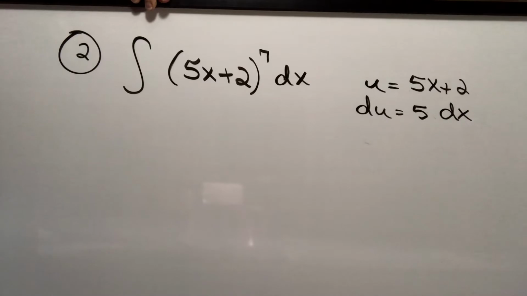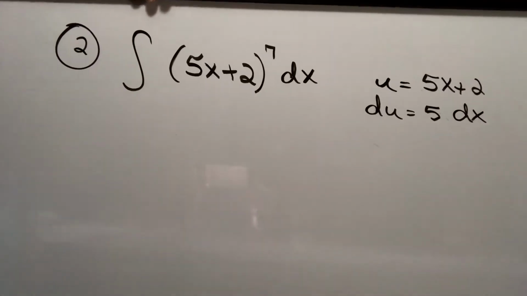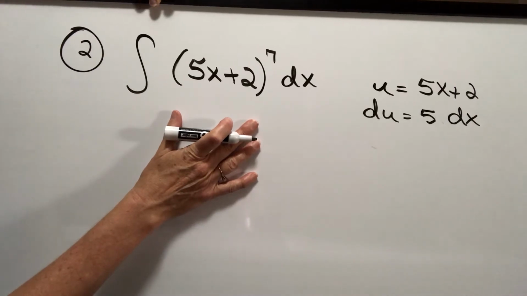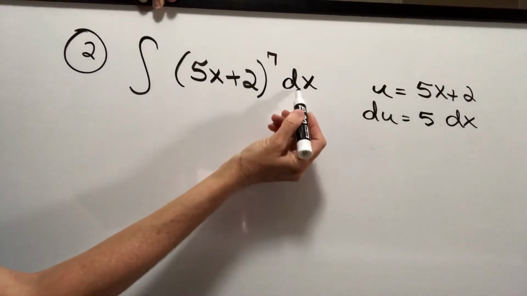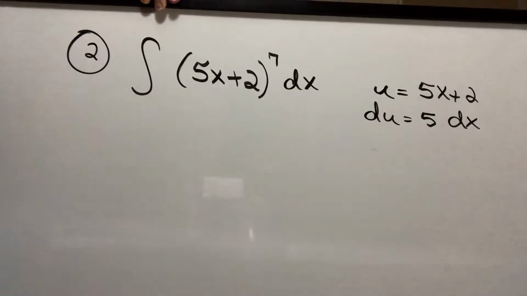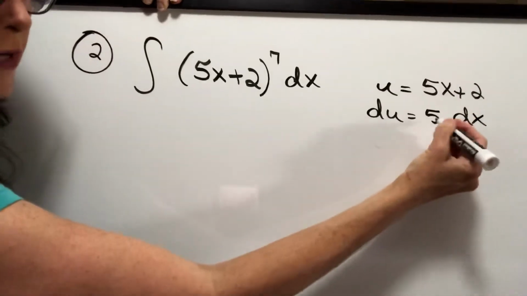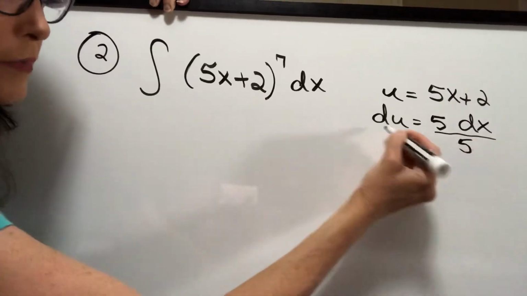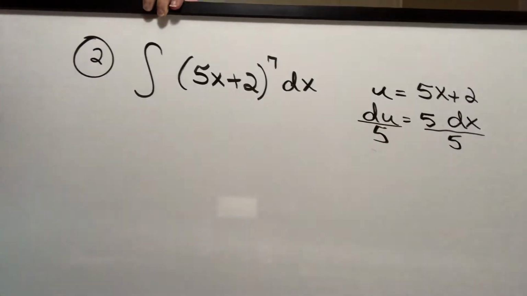Okay, so I want to substitute back into the original problem. So I want to have a value for dx that I can put here in terms of u. So what you want to do over here is to eliminate the 5. So I'm going to divide both sides by 5.